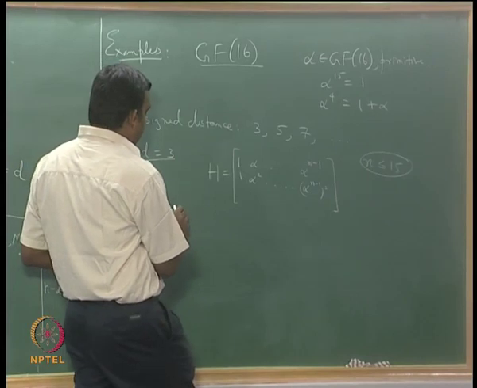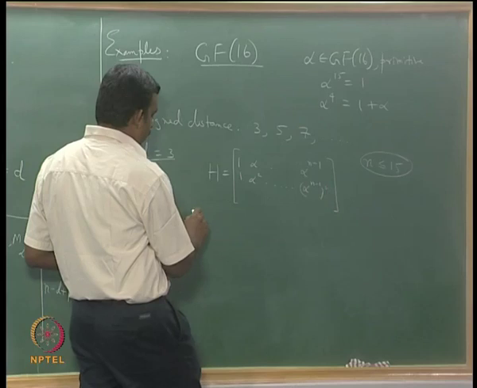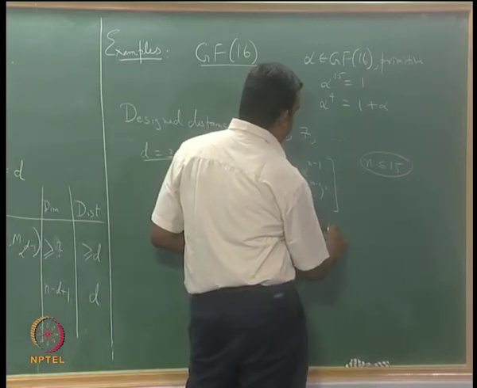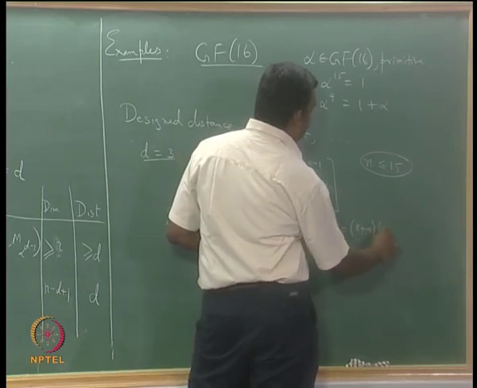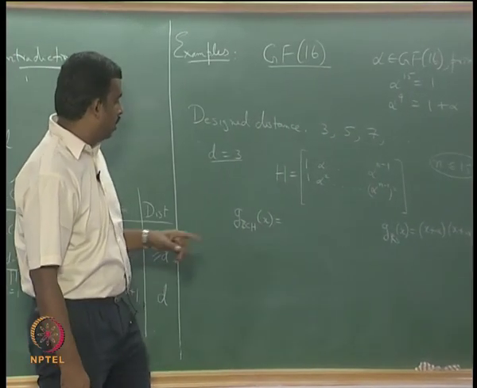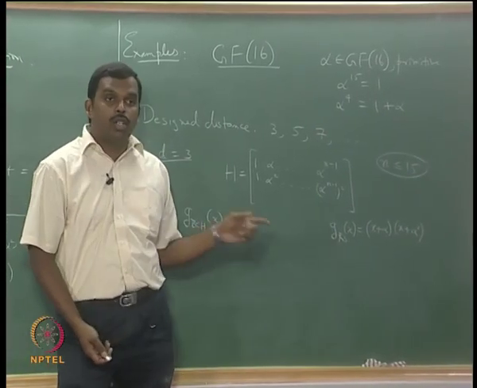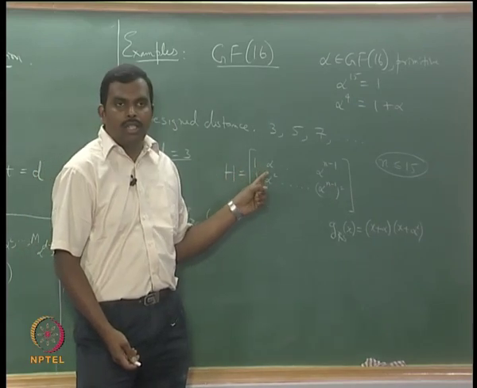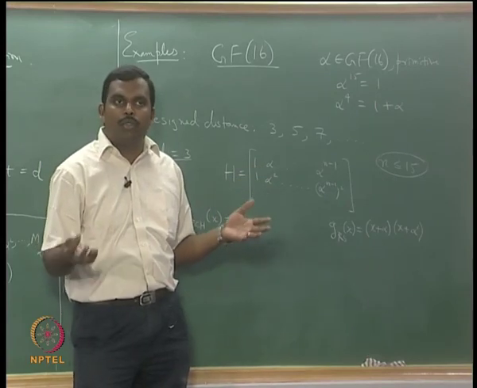So for d equals 3, what is the G BCH? G RS is really simple: x plus alpha times x plus alpha squared. G BCH will simply be the LCM of 2 minimal polynomials. What are the 2 minimal polynomials? The minimal polynomial of alpha and the minimal polynomial of alpha squared, which is also the same as the minimal polynomial of alpha.